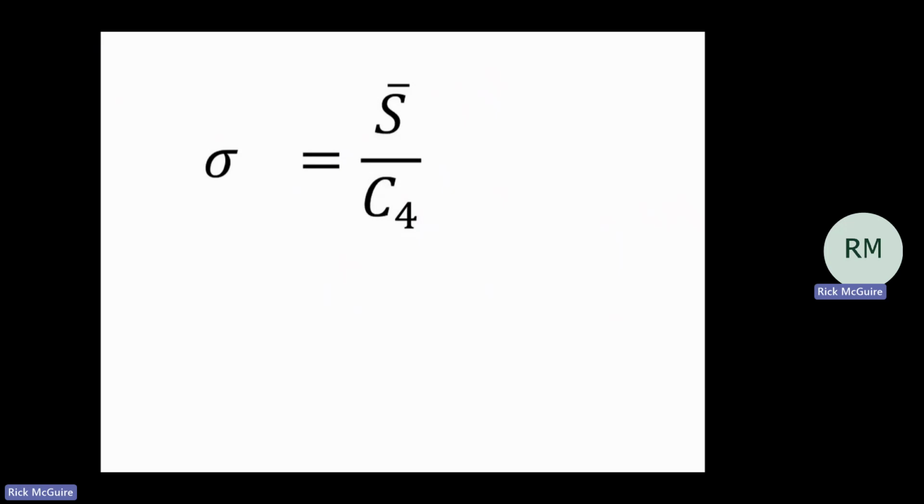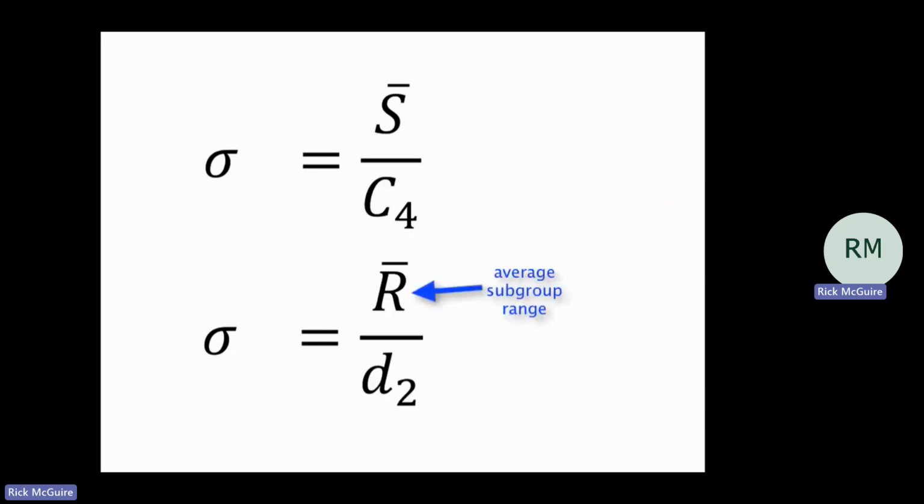Another estimate for sigma uses the formula R bar divided by D2. Both of these formulas are acceptable and industry standards when calculating our process width. R bar, of course, is the average range of the subgroups, and D2 is a factor in the appendix at the back of your textbook.